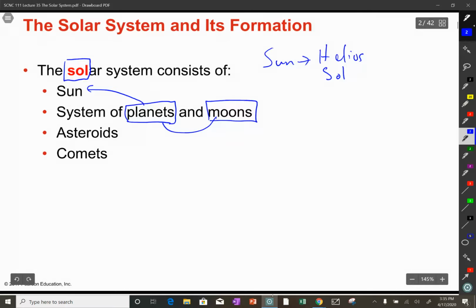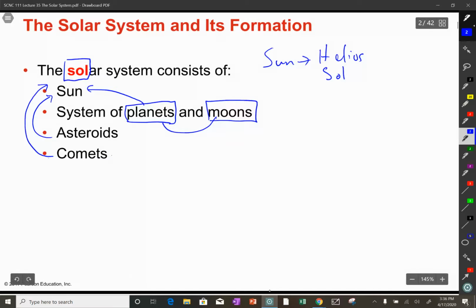Then we have asteroids. Asteroids are also orbiting the sun, but they are a different type of object from planets. And likewise, comets orbit the sun, but they're a different type of object from asteroids or planets. So that's the stuff that the solar system is made up of, plus debris, dust and stuff like that.